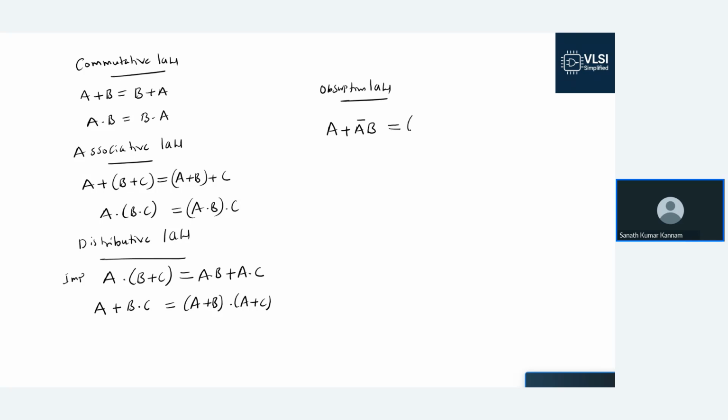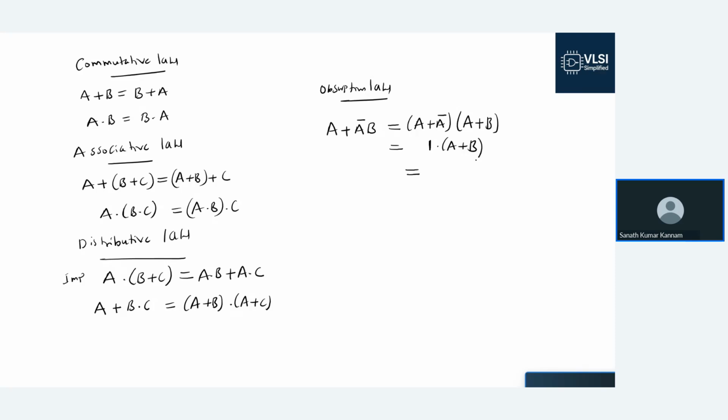So if I apply distributive law, what I am getting? (A or A bar) and (A or B). Okay. So anyway, from OR law, A or A bar equal to what? 1.